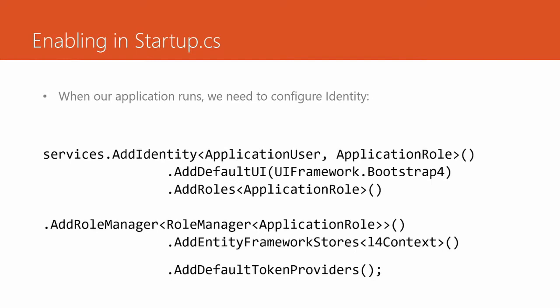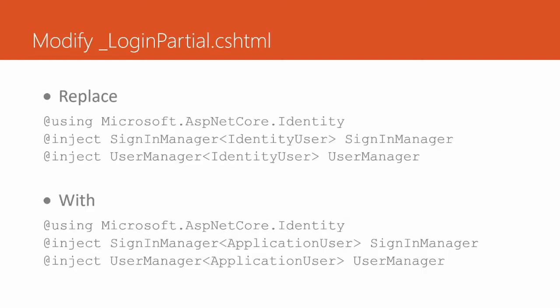So this is in our startup.cs file. We've got some slight configurations that we've got to change as well. So here they are, but we're going to get into them when we get into the actual Visual Studio and start modifying it. And then there's one more thing that we have to do, which is our partial login that you've probably seen over on the right side of the screen.